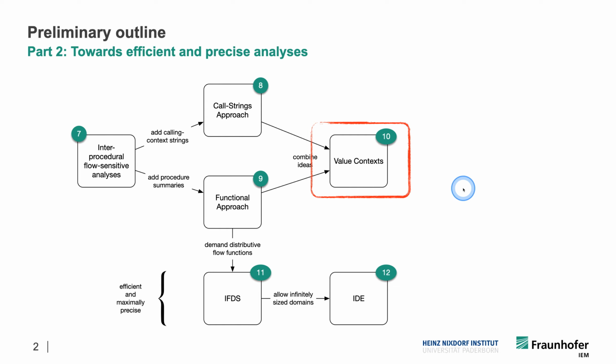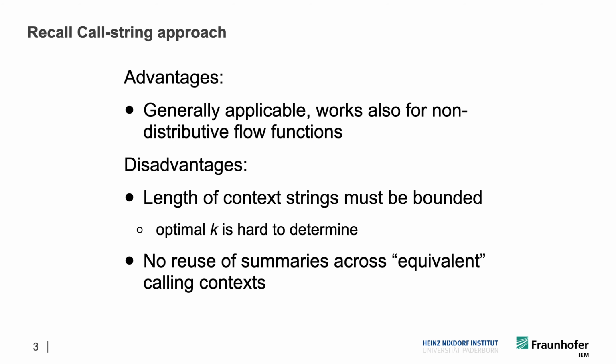But what makes it interesting is that it can be applied to problems that are not even distributive. And if you recall the cost strengths approach, then it had exactly that advantage, right? That you can apply it also to non-distributive problems that have non-distributive data flow functions. But we saw that it has these disadvantages, right?